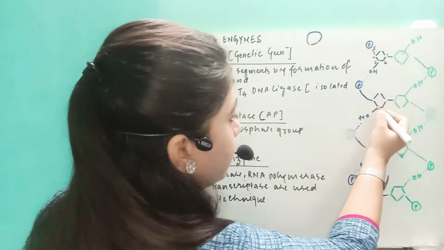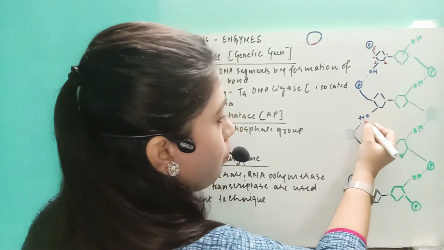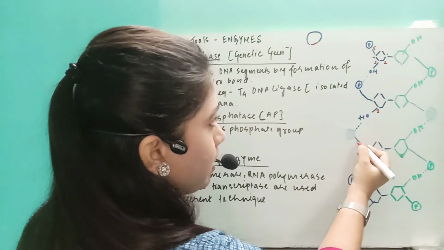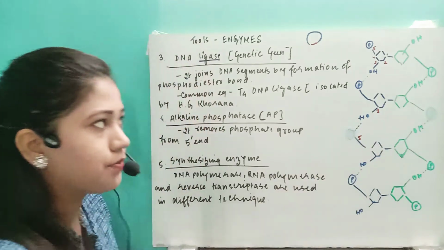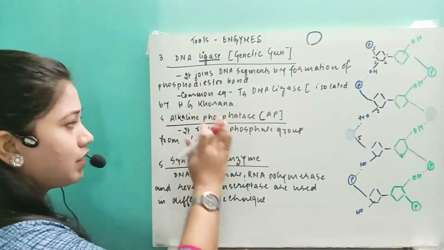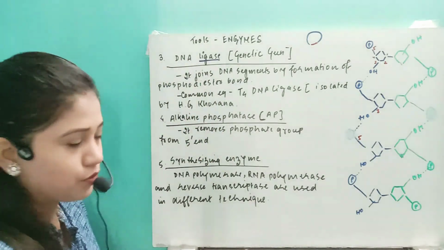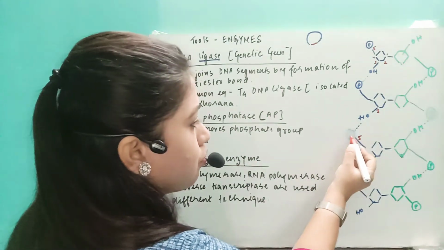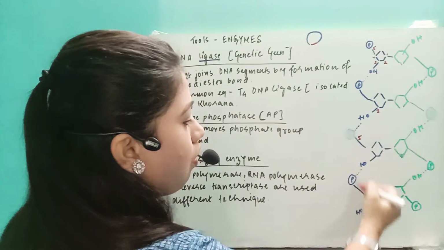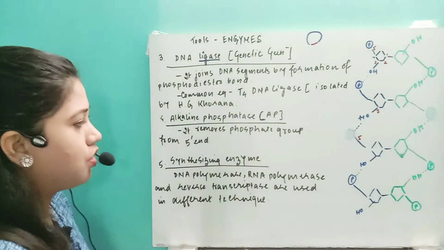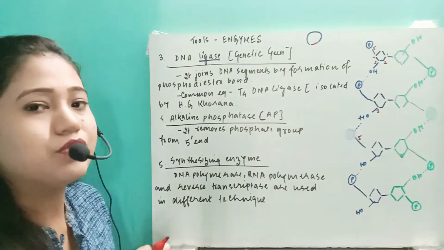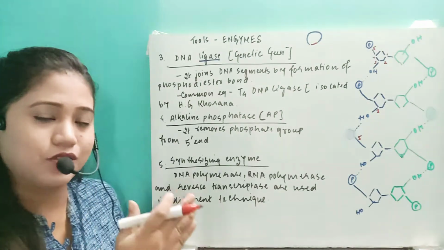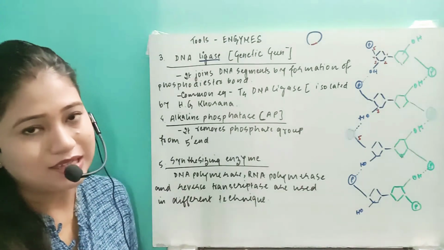So we have the OH on the 3' end and the phosphate on the 5' end. Alkaline phosphatase will remove the phosphate group of the 5' end of the DNA fragment. That's why we get two completely separate strands of DNA fragment. That's why we are able to cut the DNA segments.